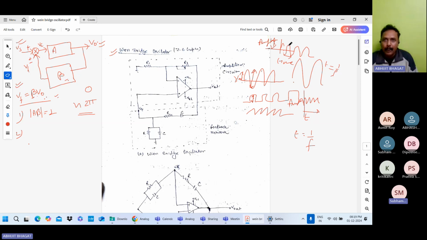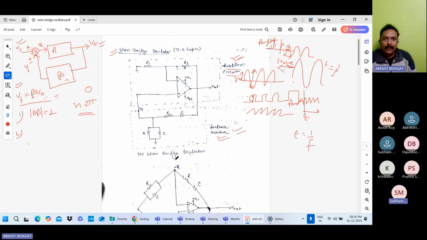So amplitude is changed by this circuit, amplifier circuit. And frequency of the waveform is changed by this part, feedback network. So frequency is controlled by feedback network, and amplitude is controlled by amplifier circuit.